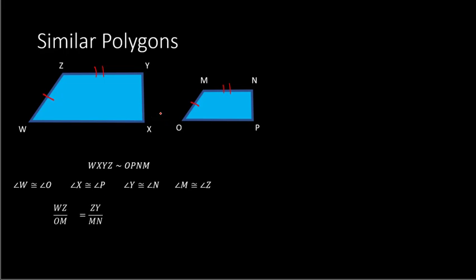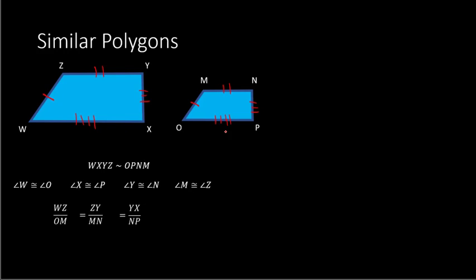And then you can continue that with the other sides. So YX corresponds with NP. If you take YX divided by NP, that again would have the same ratio. That'd be equal to the other ratios. And then the bottoms, WX and OP, those are going to be corresponding. I guess I shouldn't technically use the lines because that means congruent, but those are the corresponding parts.